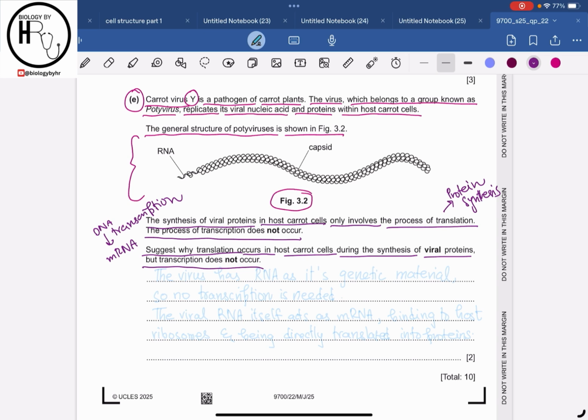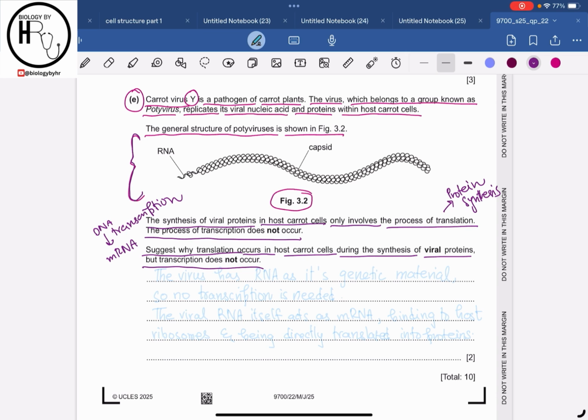Now in the question they are asking why the translation only occurs in the host cell and why the transcription is not occurring. So we can give our answer in a way that the structure of the virus has the RNA. It does not have the DNA. Since it does not have the DNA as the genetic material, it does not need the transcription, right?